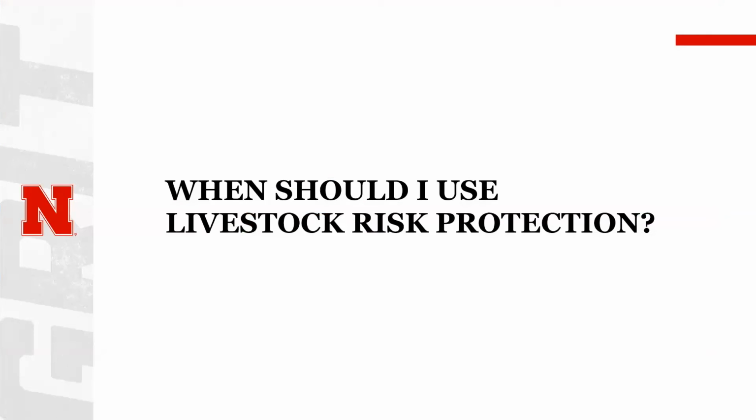So this is a question that I get a lot from people who have made this step between, I have a desire to manage price risk, and I think LRP might be the right tool in this situation. The question that I almost always get is, well, what coverage should I use? The phrase they use is maximize profit, but really, what returns the most benefit to my operation.